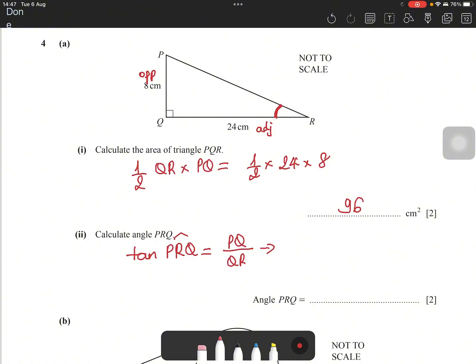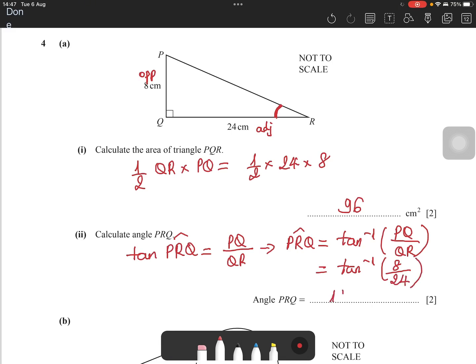So the angle PRQ is equal to the inverse of tan of PQ over QR, which means the inverse of tan, where PQ is 8 and QR is 24. And the answer is 18.4 degrees.